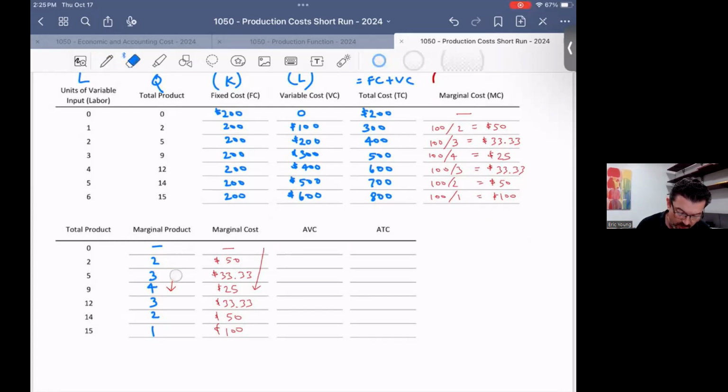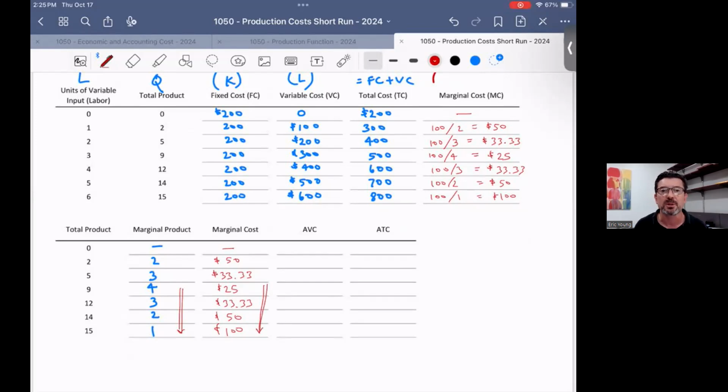So it's a really important idea. As the marginal product is rising, the marginal cost is falling. But as we know, eventually our old friend, Mr. Diminishing Returns, kicks in. And once diminishing returns kicks in, marginal products start to fall from 4 to 3 to 2 to 1. And look what happens. As the marginal product is falling, the marginal cost is rising.